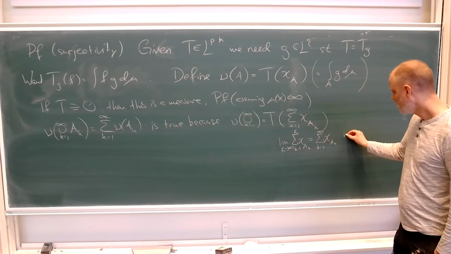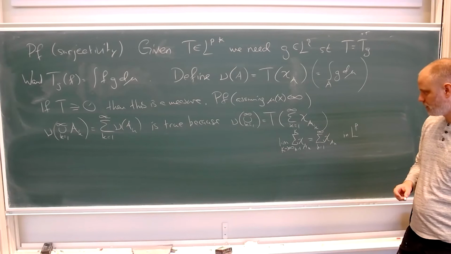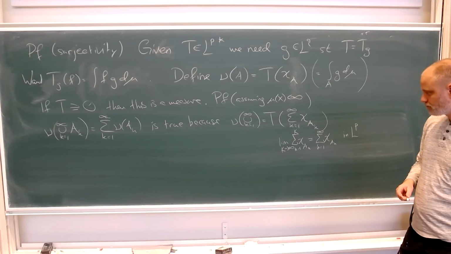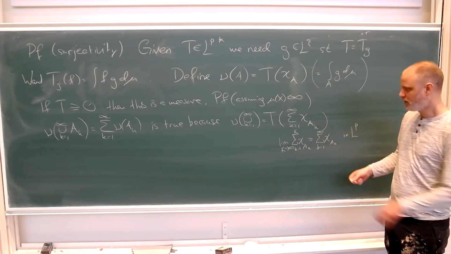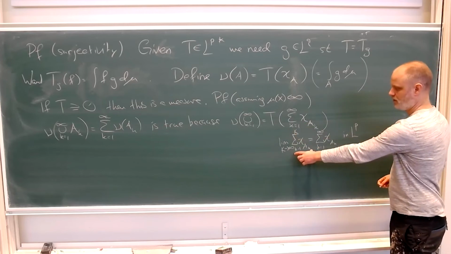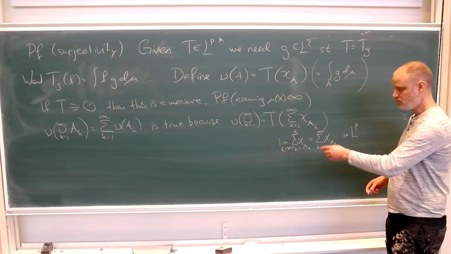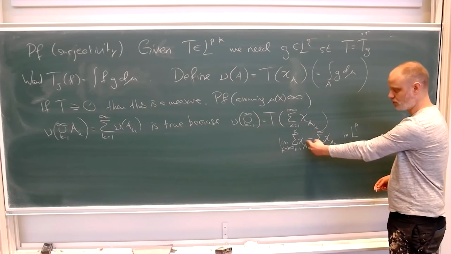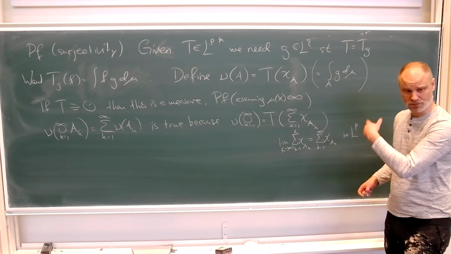limit how? In LP. I leave that as an exercise for you guys, right? But basically, if this is L1, the L1 norm here is just the sum of the measures of the AKs, and here you have the infinite sum of the measures of the AKs.